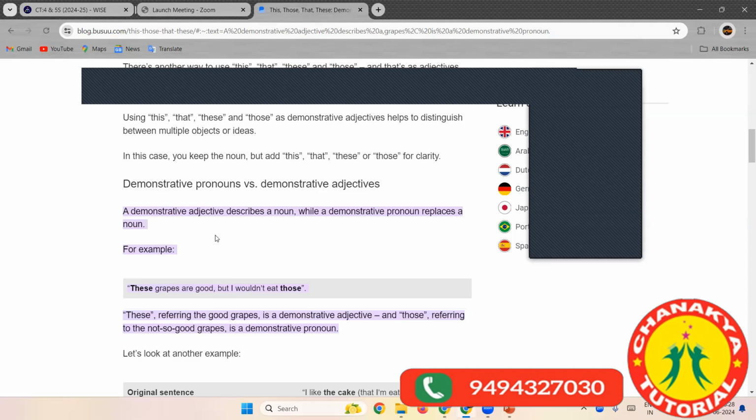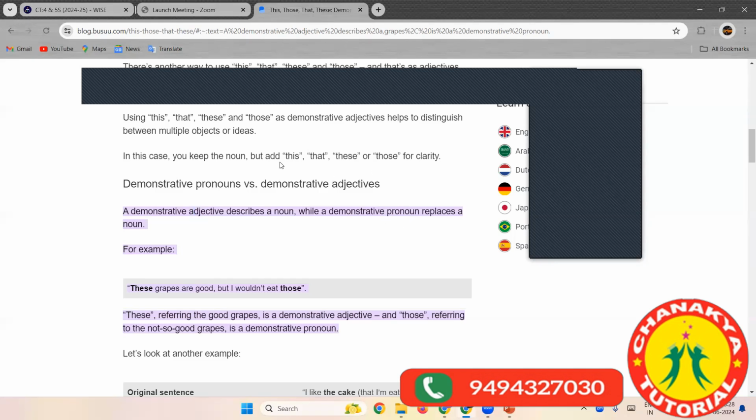What is the work of a pronoun? To replace the noun, right? Instead of telling the nouns again and again, I am using he or she or they or it. But what is demonstrative adjective? They are going to describe a noun, right? So you know what is the work of an adjective, what is the work of a pronoun.